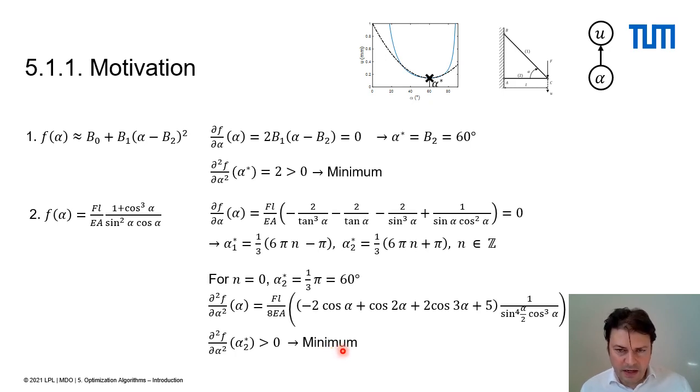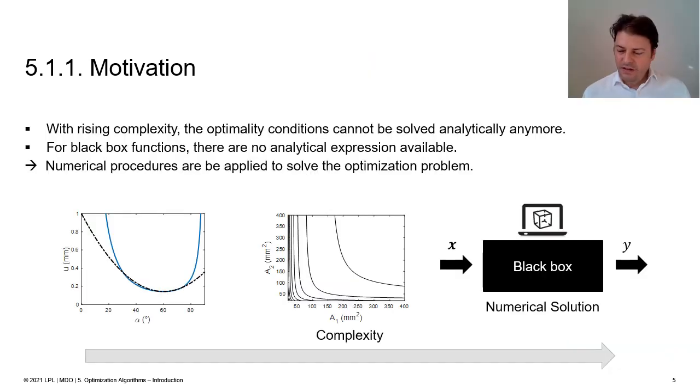By the second example, you can tell that the manual process of identifying optima is becoming increasingly tedious the more complex your problems are, and at some point you would have to rely on numerical optimization algorithms because you couldn't do it by hand anymore. So again, when problems become too complex, then you cannot solve optimality conditions analytically anymore.